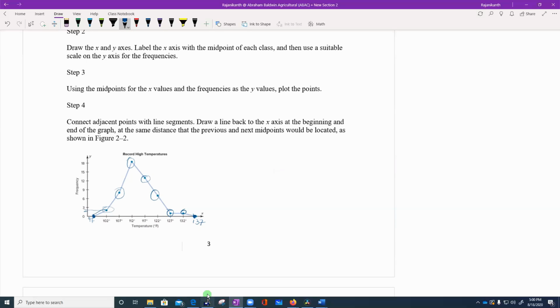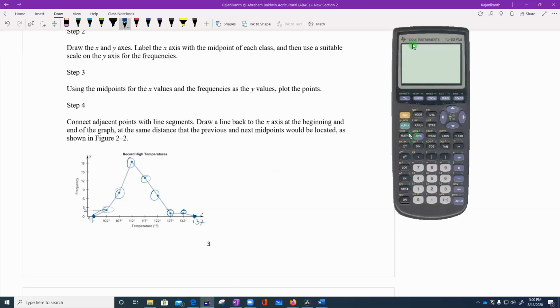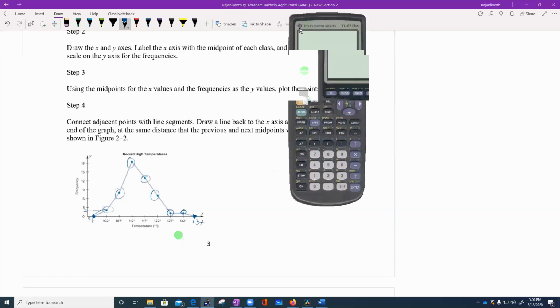Or if you want, you could check the frequency polygon as well by using the calculator, right? Because I already have entered the data values, no? Only thing is you need to change the picture. So let me check the frequency polygon from your calculator. Now I'm going to change my picture, right? I need now polygons.